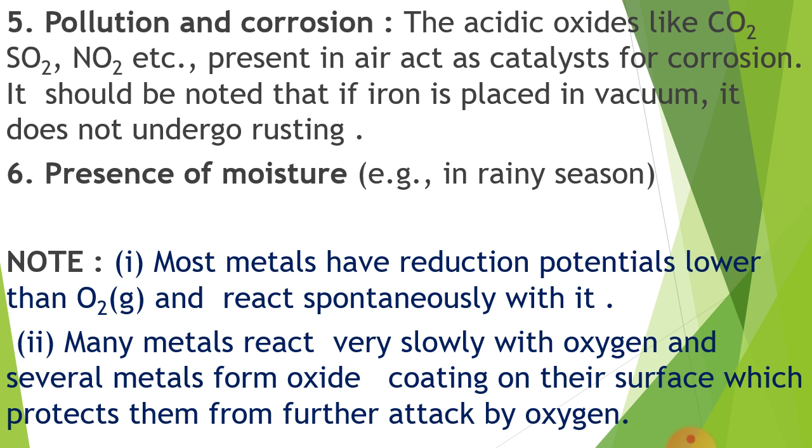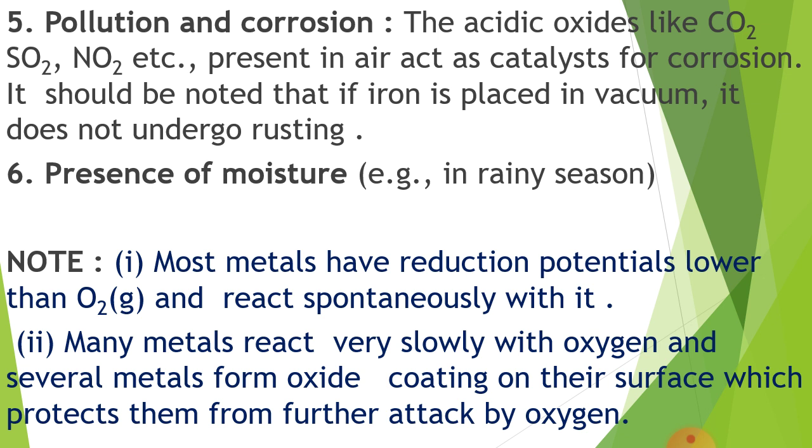Now some noteworthy points about rusting. First, most metals have reduction potential lower than O2 and react spontaneously with it. That means the more negative the value of E naught, the more will be the chance of rusting.